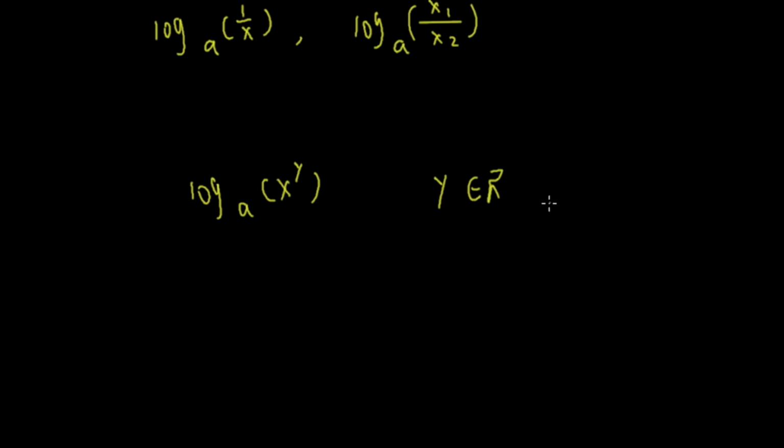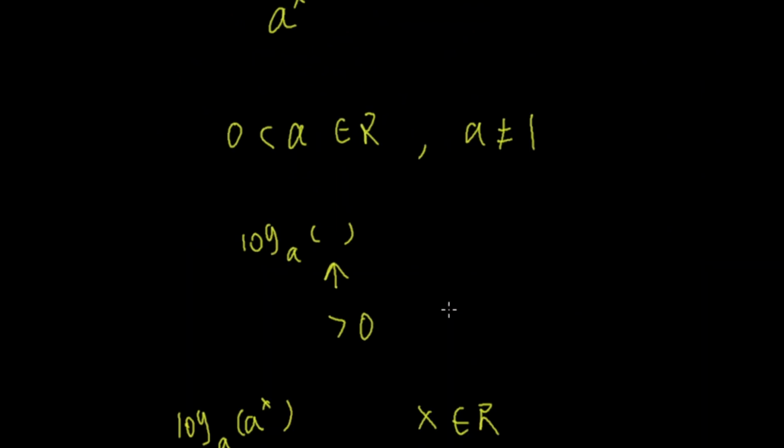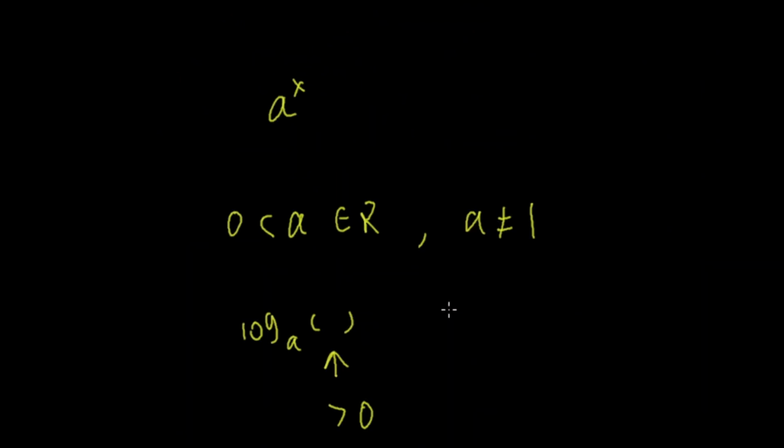How about x here? x has to be positive, because if you have negative y, a negative value here, 1 over a negative number is negative. So x has to be all positive real numbers. So these are the restrictions that I want to set before we talk about the properties of logarithms.